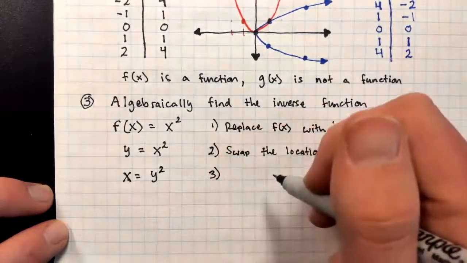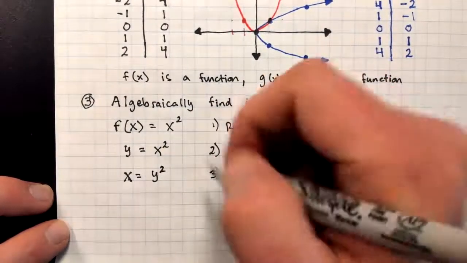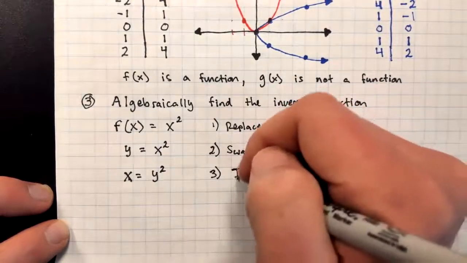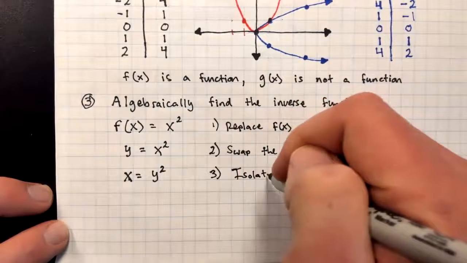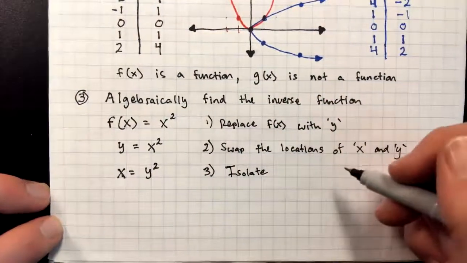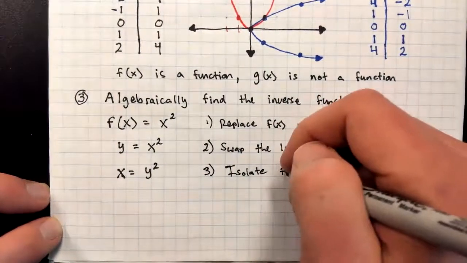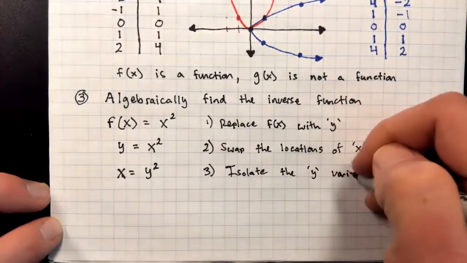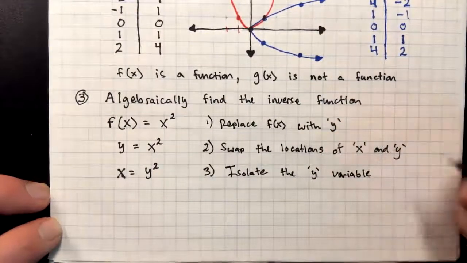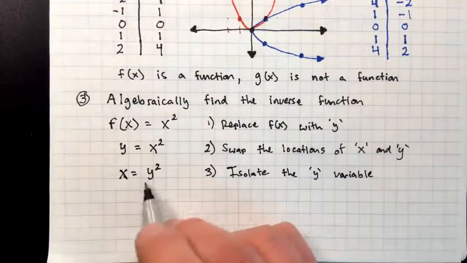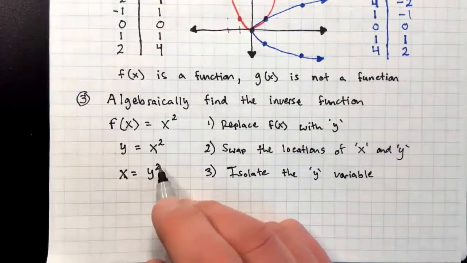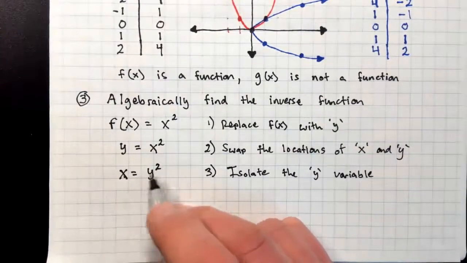And then the third and final step would be, I was going to say solve for y, but maybe we'll just say isolate the y variable. There's something with the y right now: it says y squared. I want to get rid of that square.